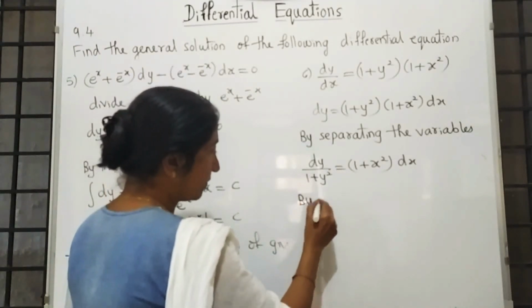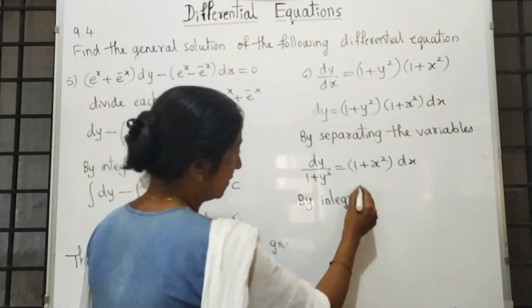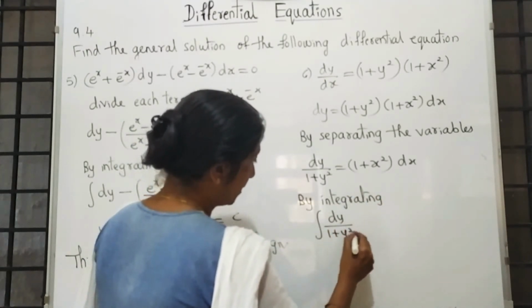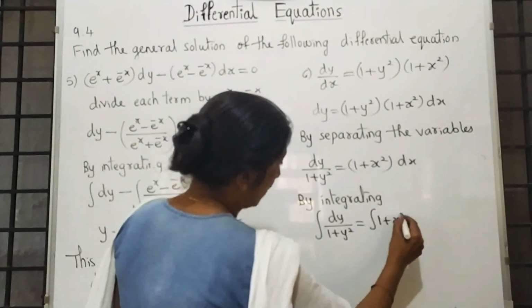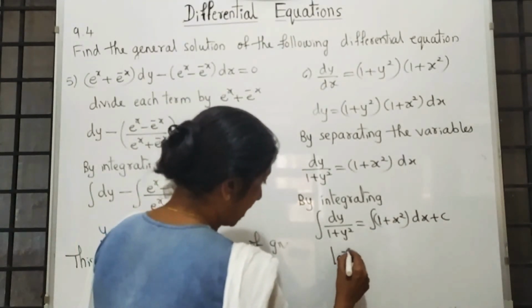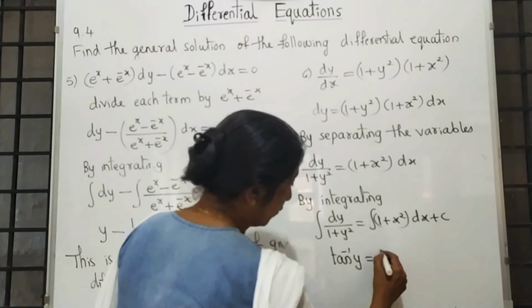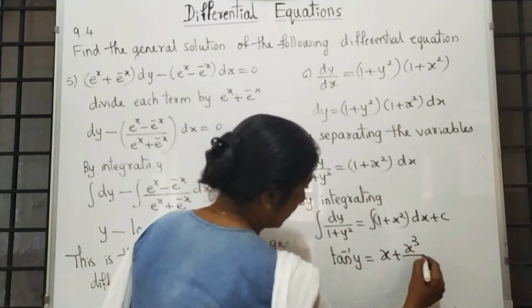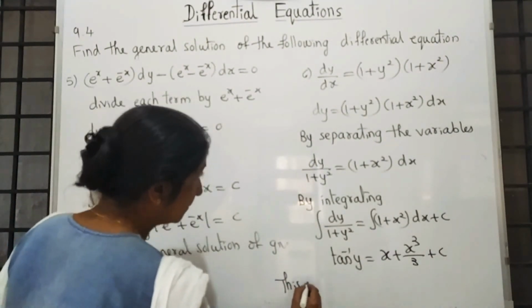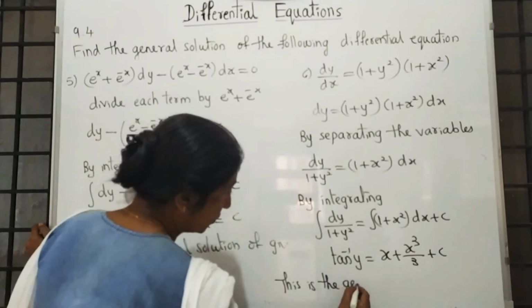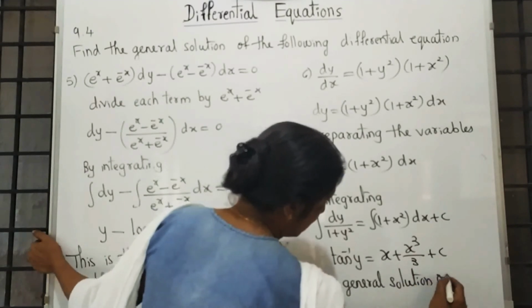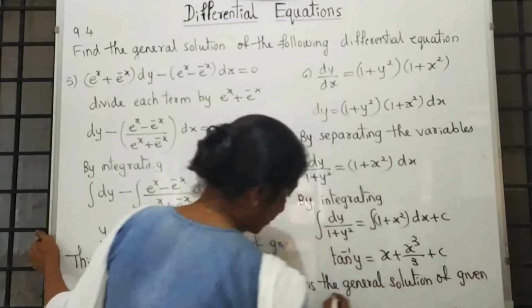Next, by integrating, integral of dy upon 1 plus y square is equal to integral of (1 plus x square) dx plus c. This is tan inverse y is equal to integration of 1 is x, integration of x square is x cube by 3, plus c. This is the general solution of the given differential equation.